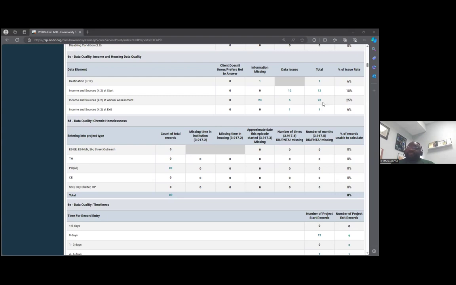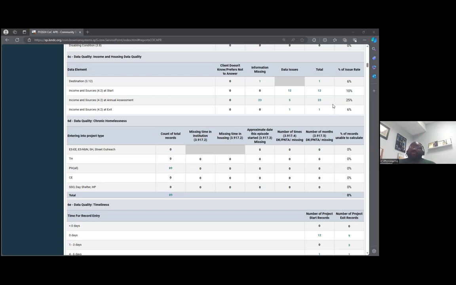Because none of these 23 clients' information are going to fill into the other tables where annual assessment is required. Okay. So if you had like 23 people that had an increase in income, you're not going to get credit for those 23 without the annual assessment. Even if you put the income in as an update earlier in the year, you still need to do an annual assessment on that time for that information to fill into the report. Okay.